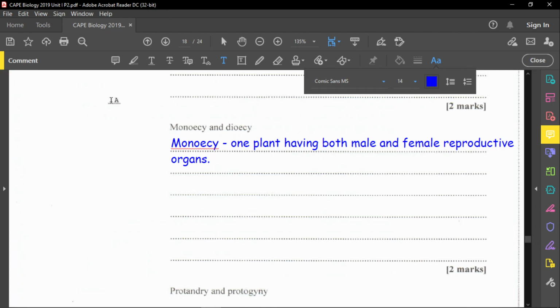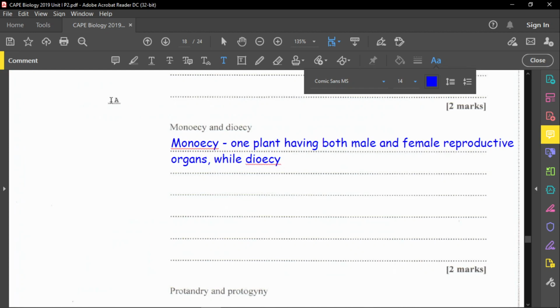So that's what monoecy is. So the one plant containing both male and female reproductive organs. Now, monoecy refers to hermaphrodite type of plants. All right. So dioecy can be a little bit confusing if you think about the word di means two.